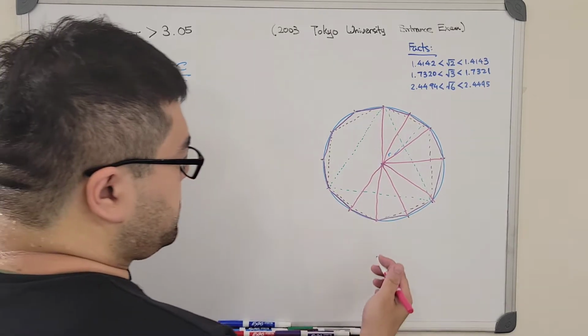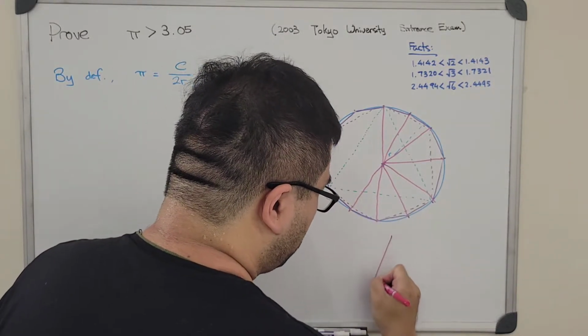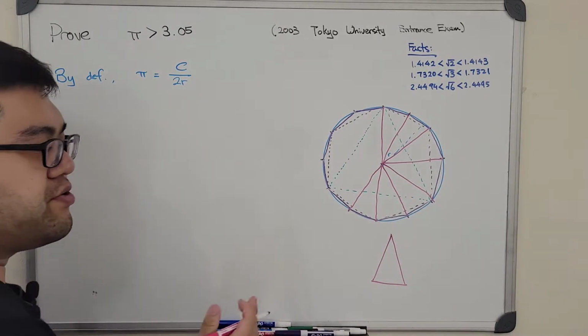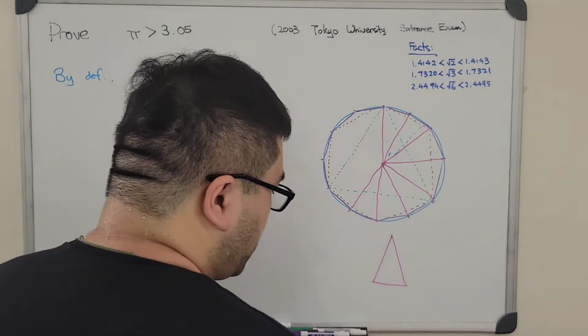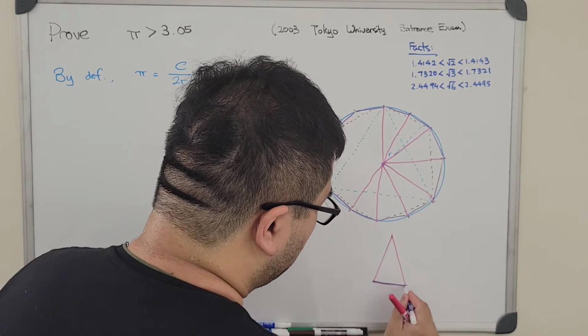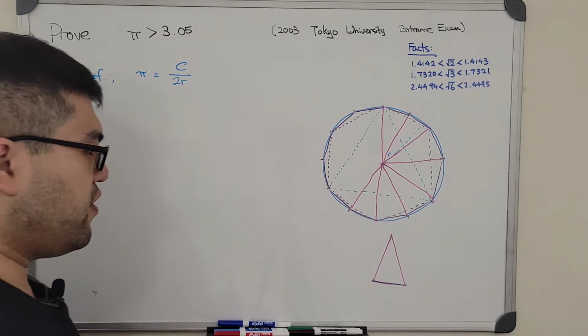So we now just need to focus on one of the triangles, and I'm going to draw that triangle down here so that it's easier to understand. Keep in mind, the bottom line right here is the edge of the regular polygon that we started off with.